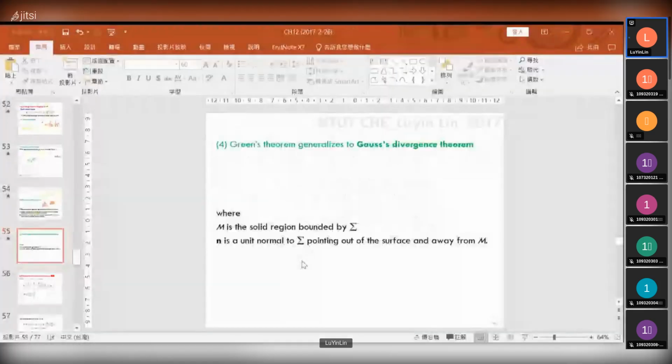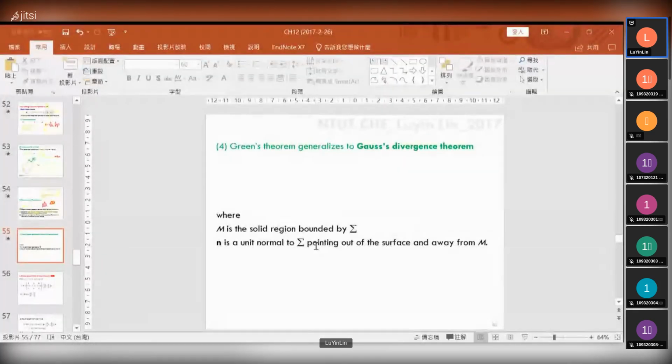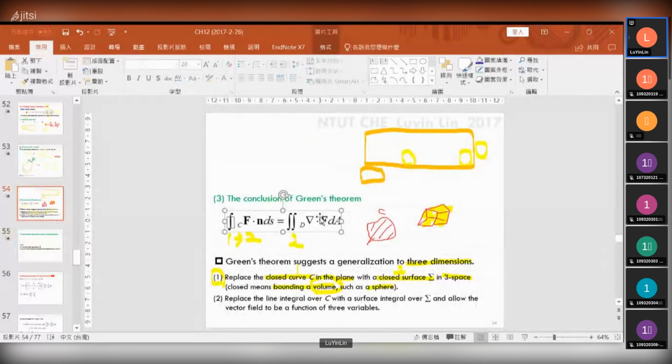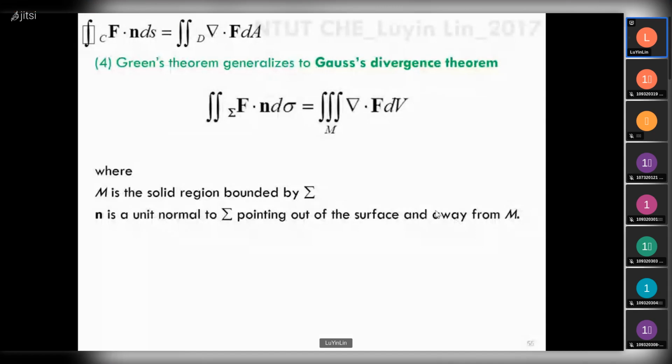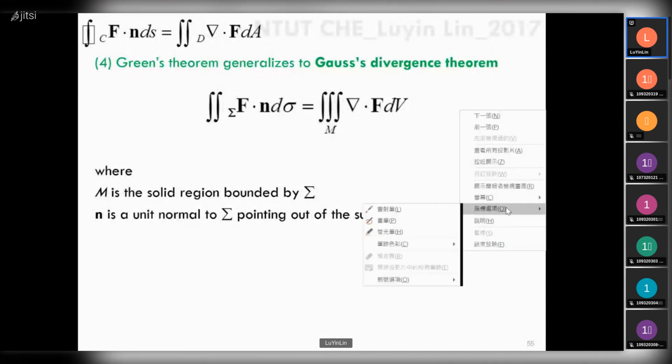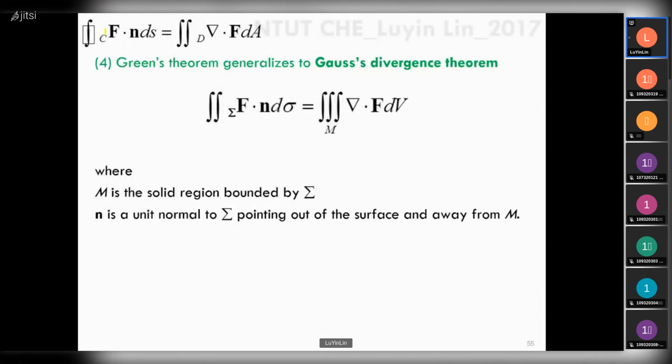So maybe we can have at least one to compare. Okay, just compare. This is Green's theorem, a different form of Green's theorem.